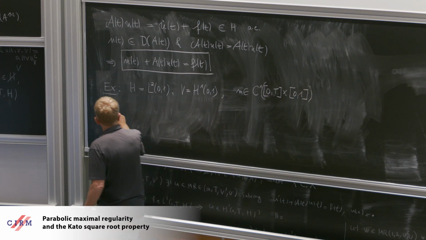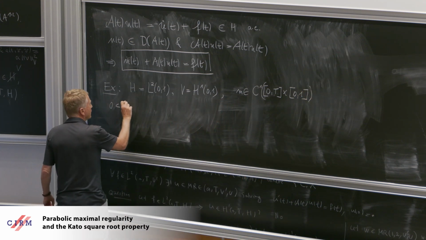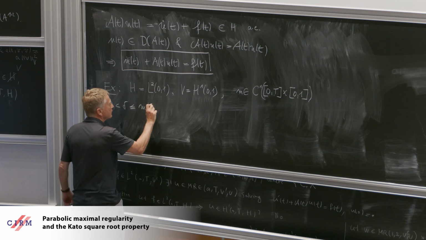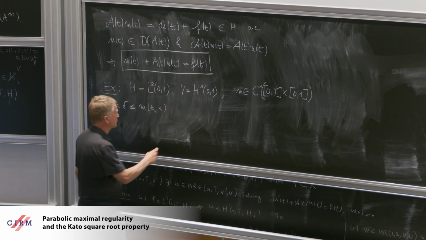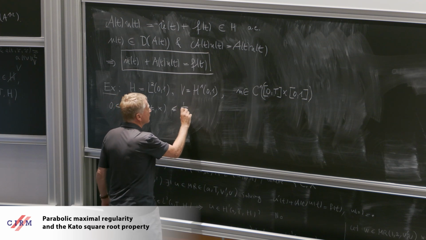The function should be larger than some delta, and of course it's bounded because it's continuous, so this is smaller than 1 over delta.